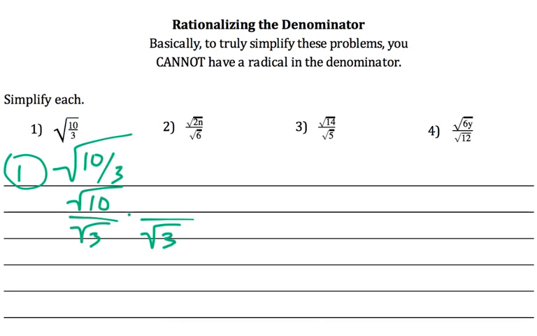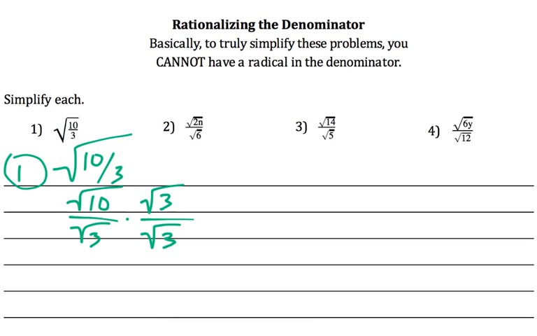But if I did that only to the denominator, I'd change its value. So you also have to multiply the top by the square root of 3. And really, what this thing that I've written right here is, it's just the number 1, because it's the same deal. So as I multiply these across, you're going to see in a moment why you would do this.